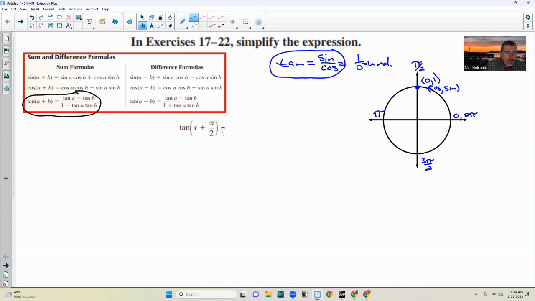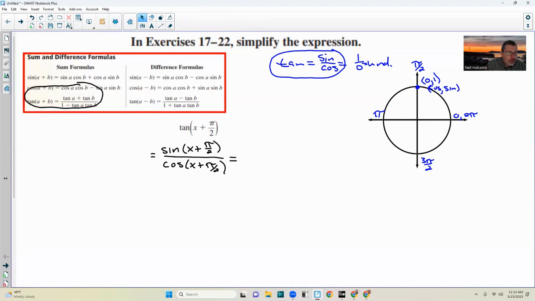The tangent of x plus pi over 2 is the sine of x plus pi over 2 divided by the cosine of the angle, which is x plus pi over 2. So we're going to work with this. I'm going to move this down to here, and we're going to work with the sine and cosine sum rule.